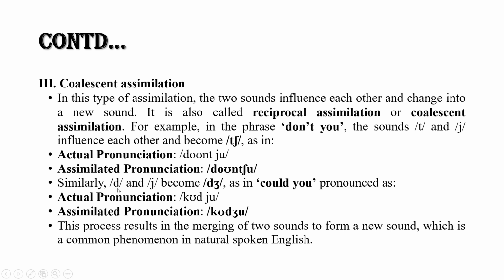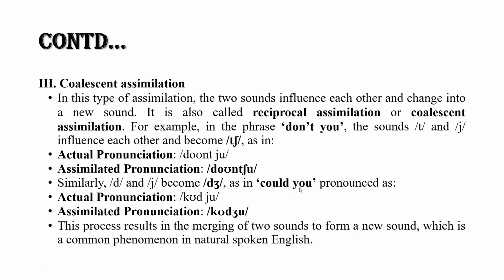Another example you can see in the phrase "could you". The final sound in "could" is d, and the initial sound in "you" is y. So d and y influence each other, then change into j. So it becomes "kudju". "Could you" is pronounced as "kudju" in connected speech.